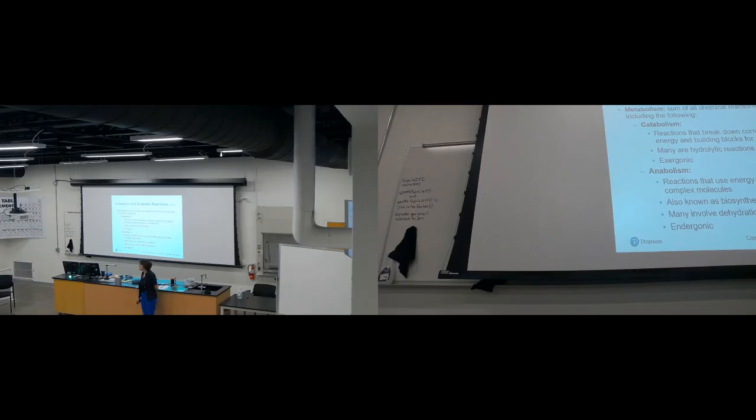Now, anabolism, which is the opposite of catabolism, works the opposite way. Basically, you will have small molecules, bring them together, link them chemically, and then you will form a large molecule. This is known as a biosynthetic set of reactions that are endergonic, meaning they use energy.